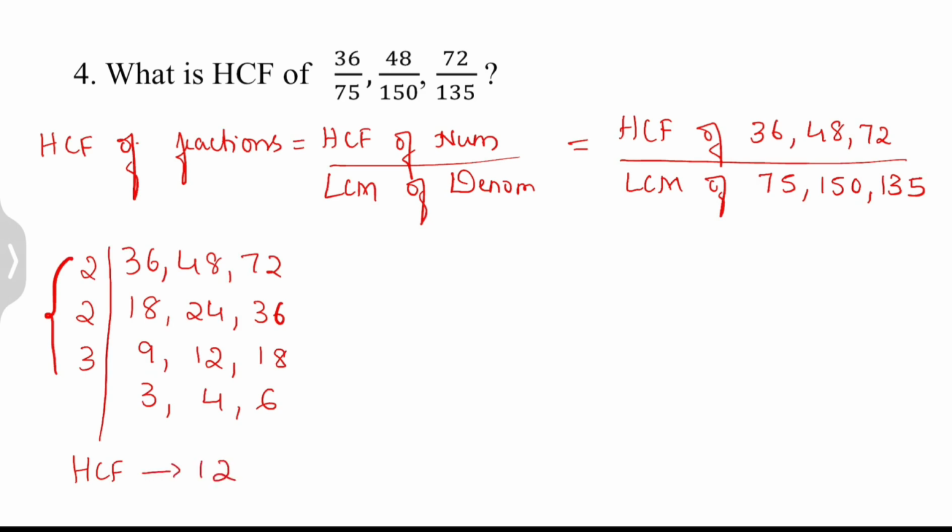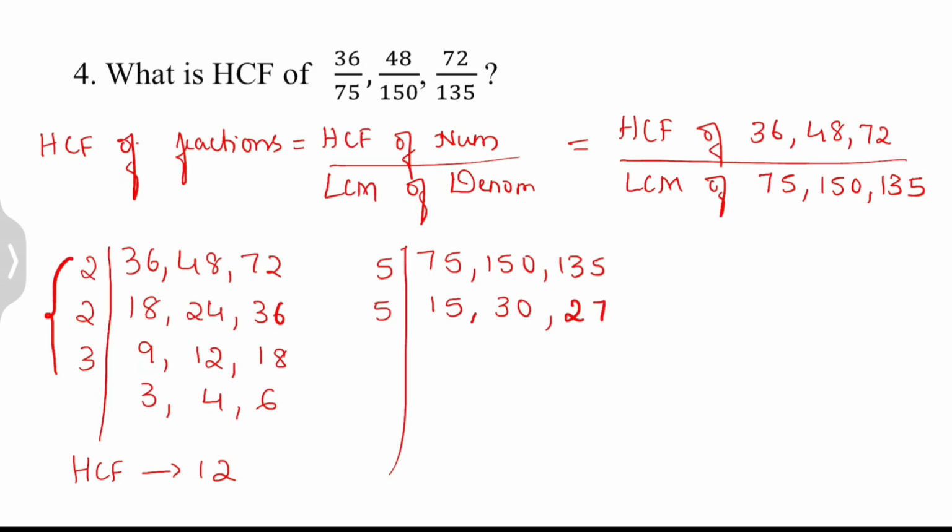Next, the LCM of 75, 150 and 135. Start with 5. 5 15s are 75, 5 3s are 15, 5 2s are 10, 5 7s are 35, giving 15, 30, 27. Next again 5 3s are 15, 5 6s are 30, and 27 as it is. Next 3 1s are 3, 3 2s are 6, 3 9s are 27.